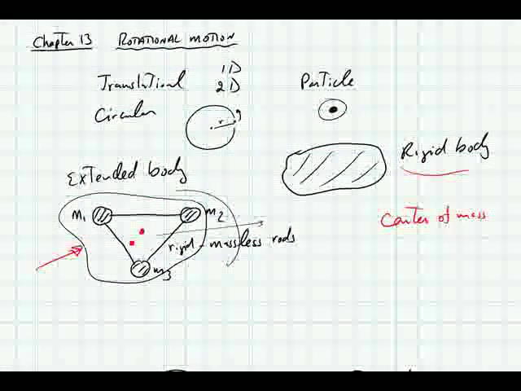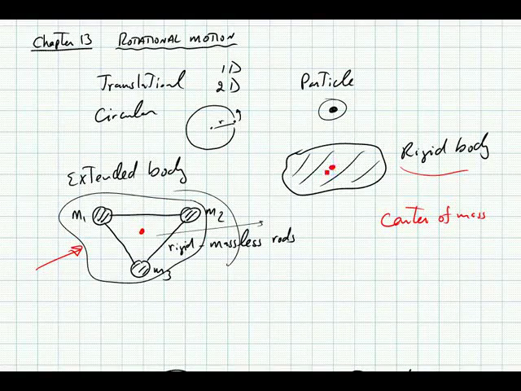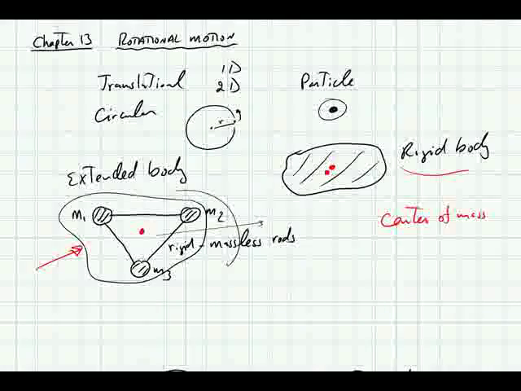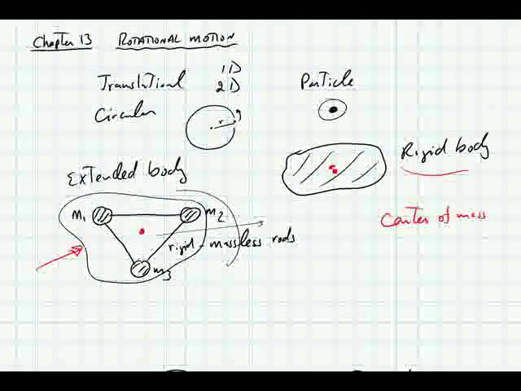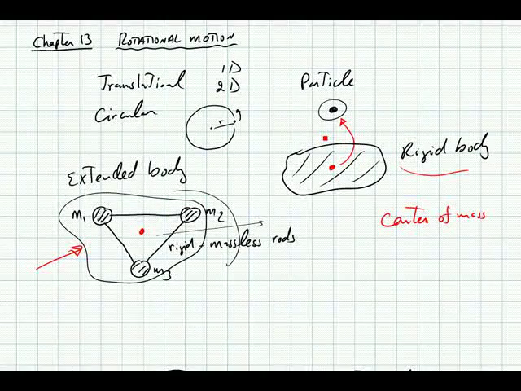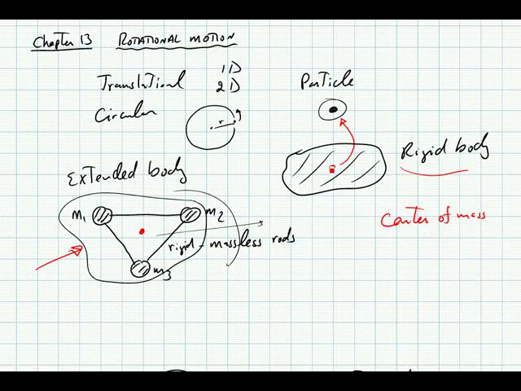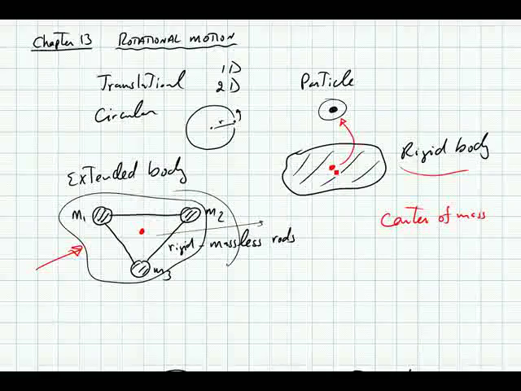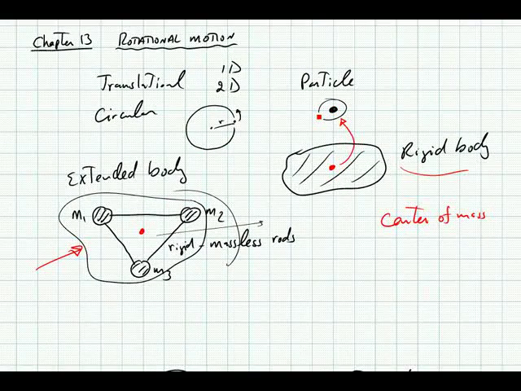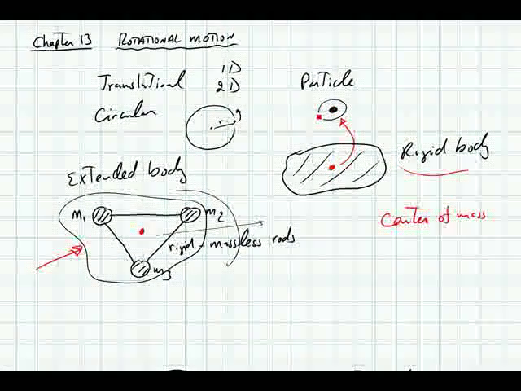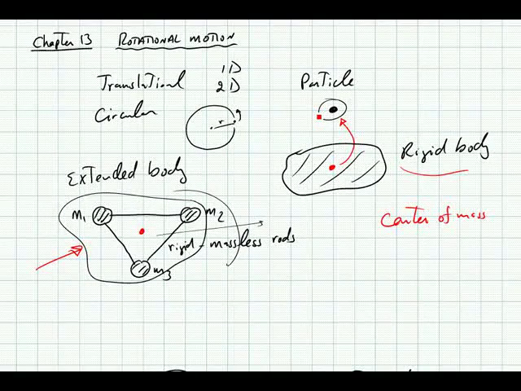The center of mass for the potato might be in the middle here, for example. The center of mass is actually the point that we used to come up with our particle model. We assumed that all the mass of the object was concentrated at one point, and that center of mass gave us the means to analyze the motion of an object using the particle model.